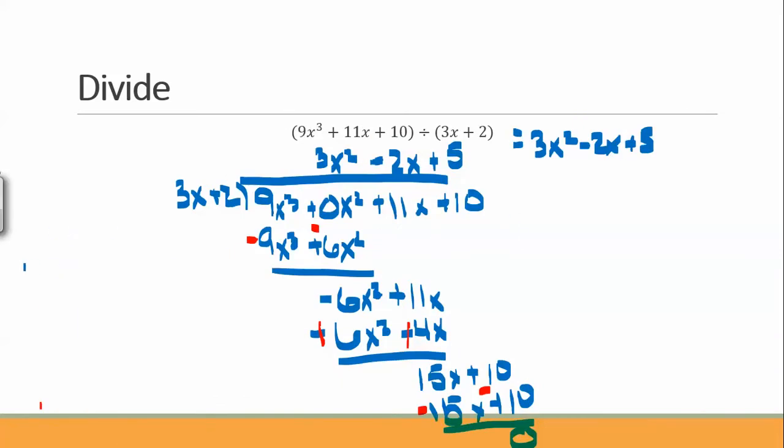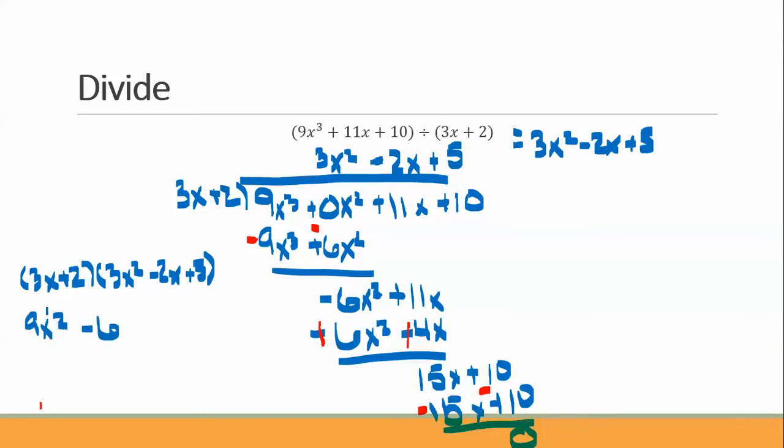Again, we're going to check this one. We have 3x plus 2 times 3x squared minus 2x plus 5. Notice, because this has no remainder, this is a complete factorization of this. Now let's multiply to check. So we have 3x times that whole thing, so we have 9x cubed minus 6x squared plus 15x.